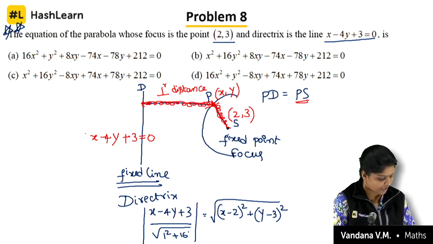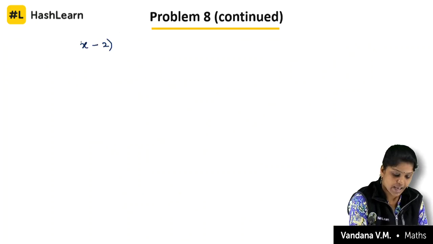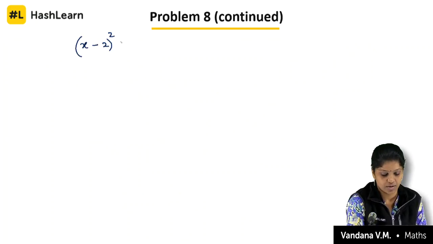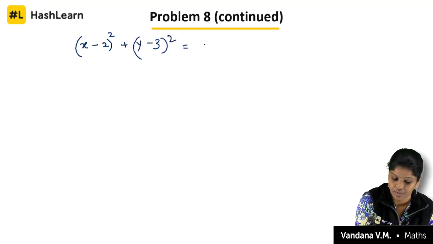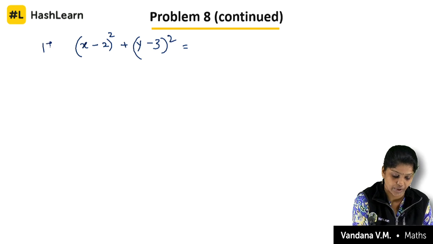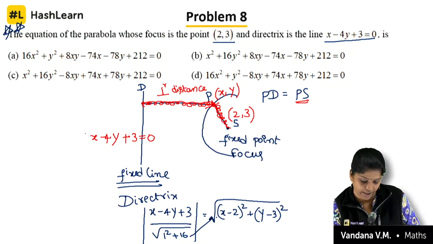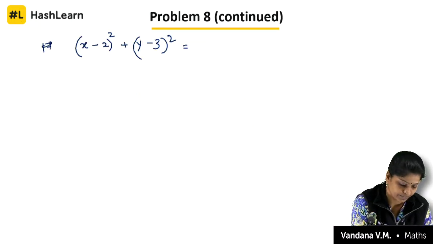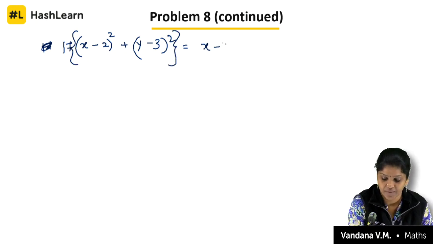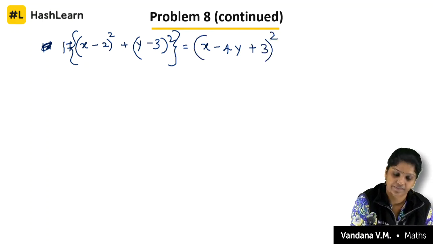Equate both and do the cross multiplication, squaring on both sides: (x minus 2) whole square plus (y minus 3) whole square is equal to 17 into... So go back and see, do the cross multiplication and square it. The square root will go, so we will get 17 into this term equals (x minus 4y plus 3) whole square.